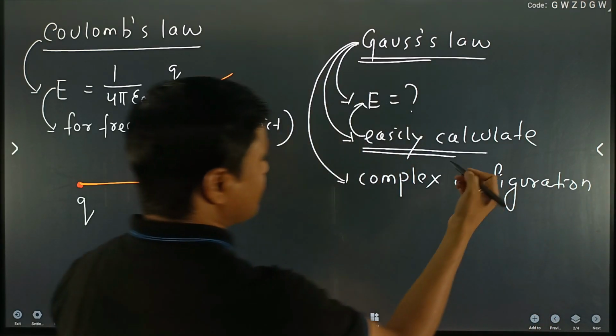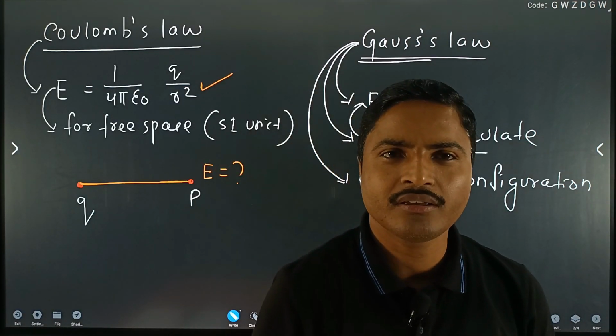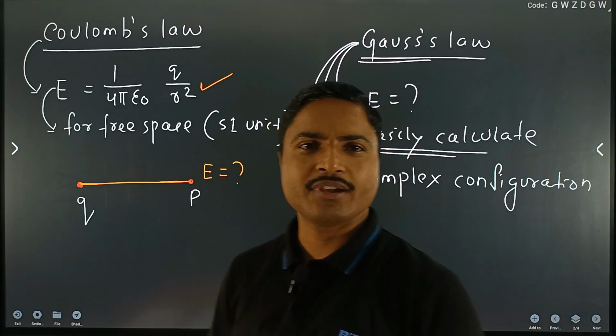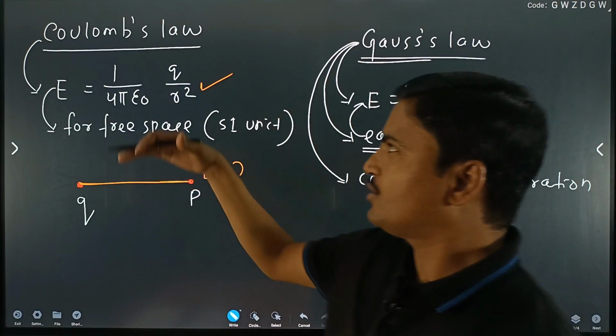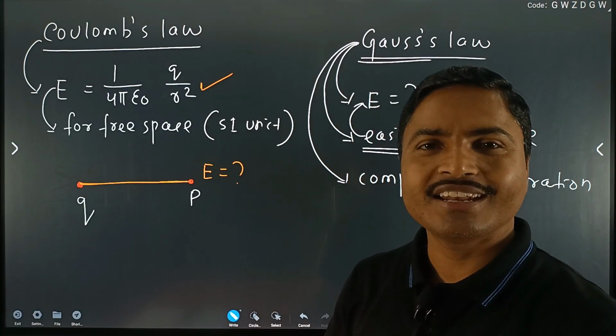That means in case of complex configuration, we use Gauss law to calculate electric field. In case of simple configuration, we use Coulomb's law to calculate electric field at any point.